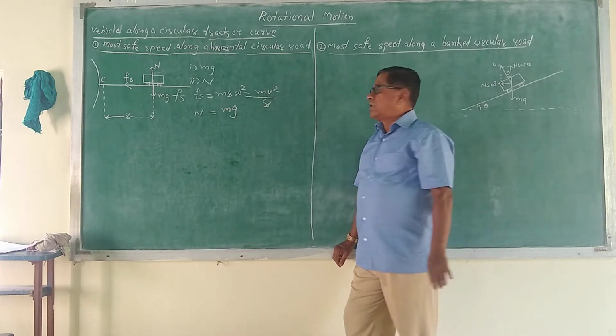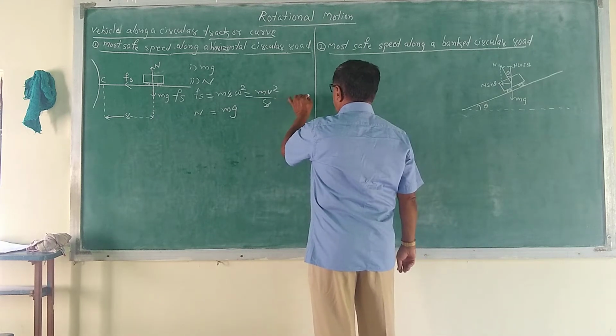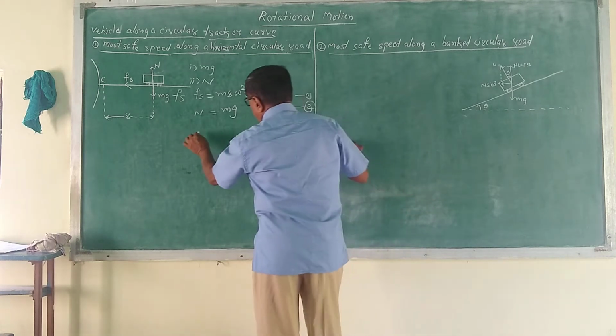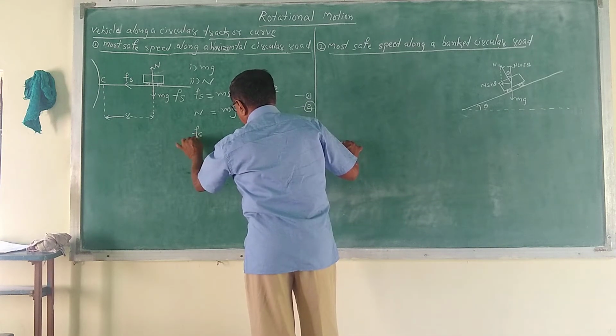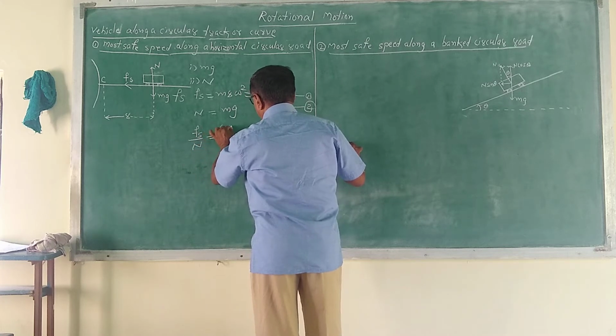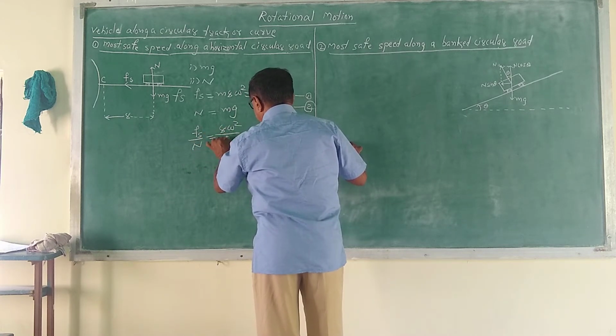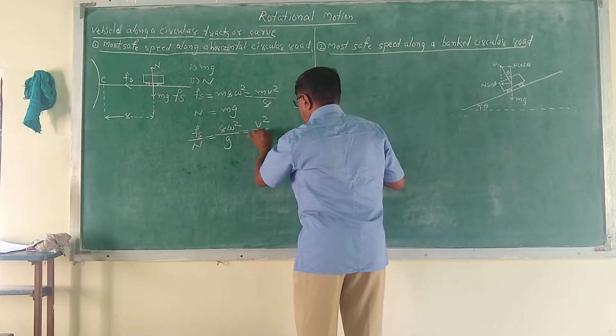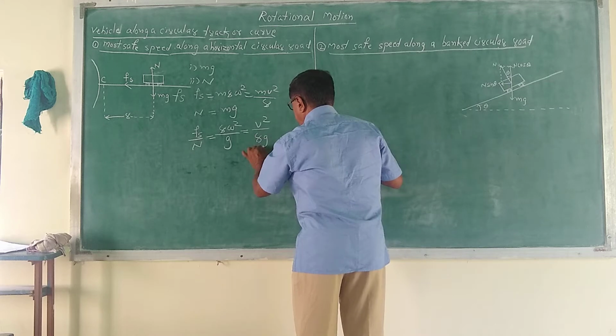Now dividing equation number 1 by 2, we get Fs upon N is equal to r omega square upon g, which is equal to v square upon rg.